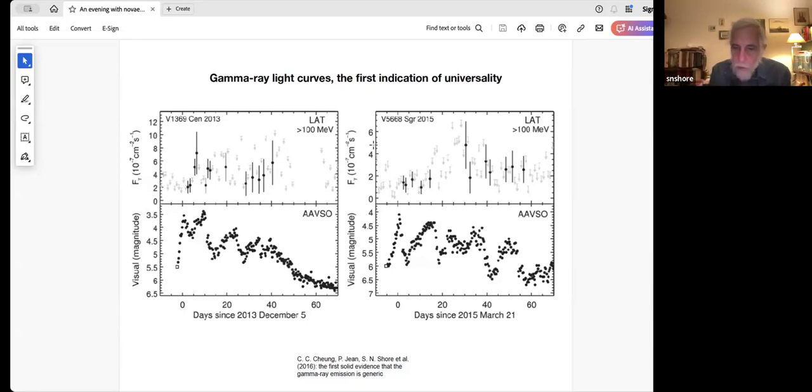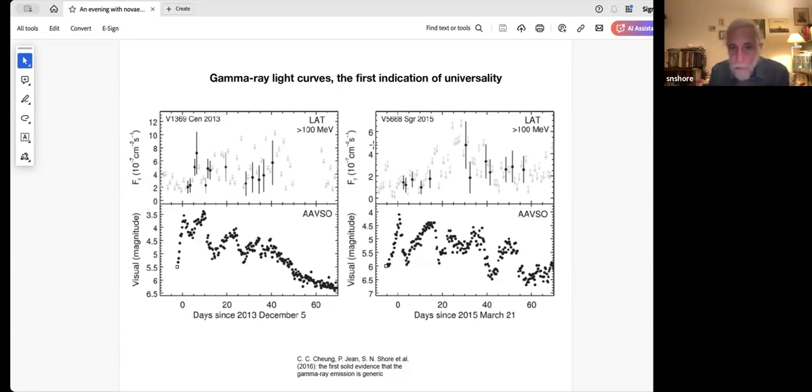In other words, the presence here is indicating non-thermal processes. It's a window into now the hydrodynamics, not the nuclear processes. So this is something totally separate.